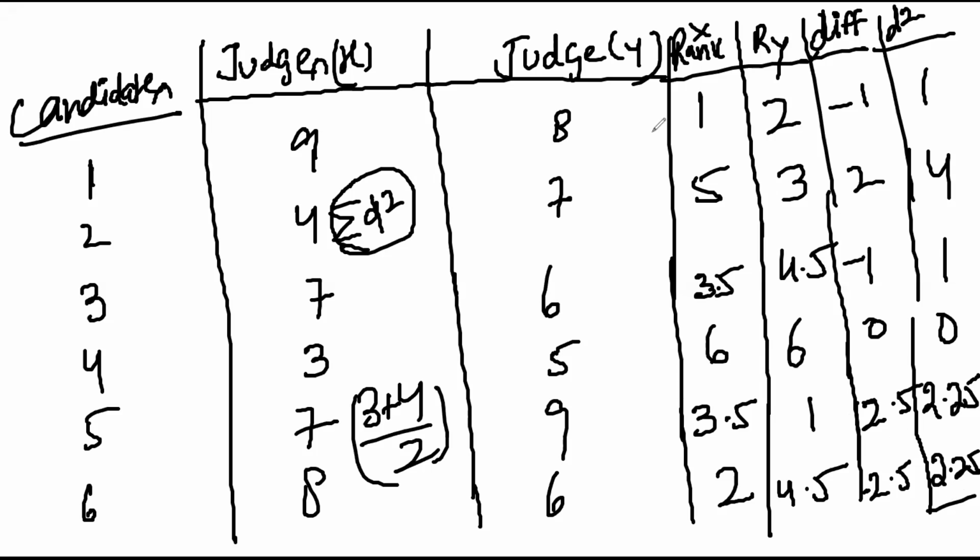Now, with the help of this sigma d square, we will apply the test. So let me remove this. Now you can apply both tests, the Spearman test and Kendall-Tau.